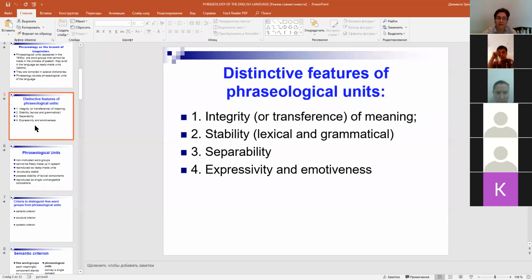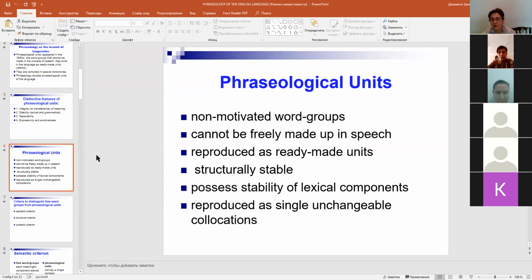Expressivity and emotiveness. Phraseological units are non-motivated words; they cannot be freely made up in speech. As I explained just now, they are reproduced as ready-made units in our speech. Phraseological units are structurally stable. They possess stability of lexical components and grammatical components also, and are reproduced as single unchangeable collocations.